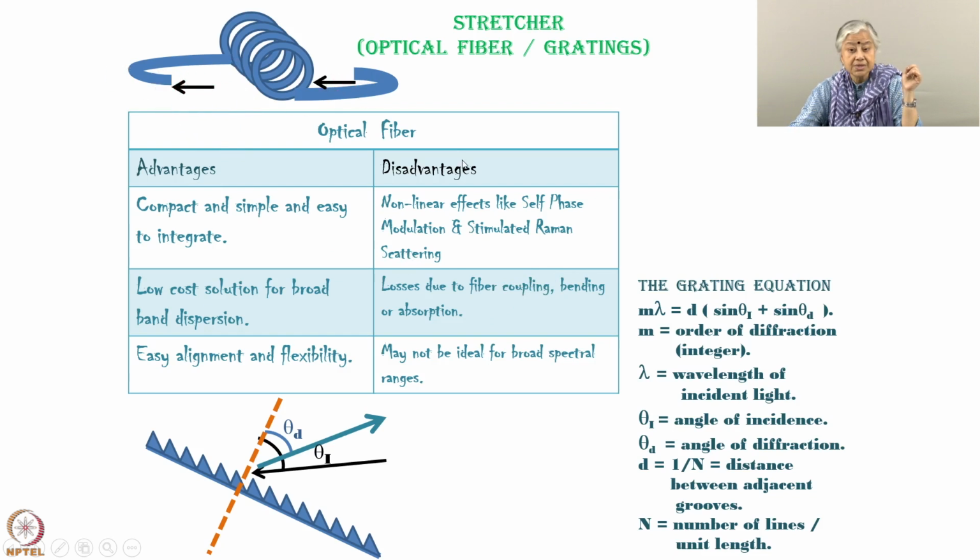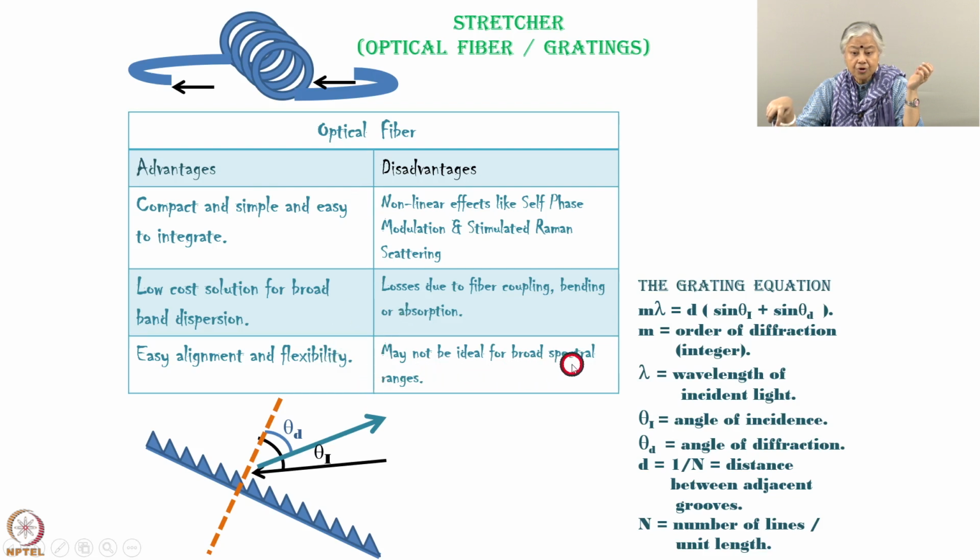You do not want to lose energy, the energy that you have got from that oscillator and that you will be amplifying in the amplifiers which will come through. You want to conserve all that energy because in the final go you want a large peak power. So, this is one of the disadvantages.